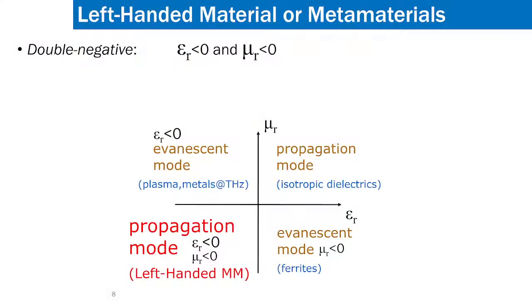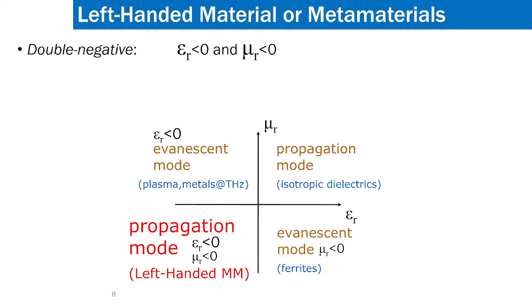We divided the epsilon r mu r plane into four quadrants, each quadrant representing a mode of propagation. If we are in the first quadrant, mu r and epsilon r both are positive, the material supports propagating mode. If it is either in the second quadrant or the fourth quadrant, then either of them is negative, not both.